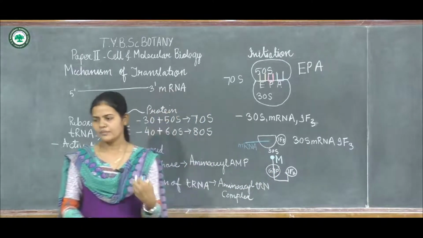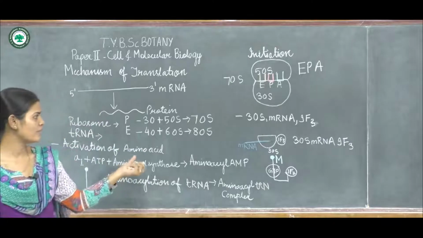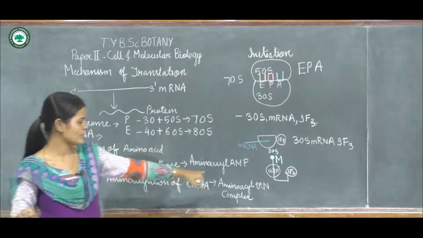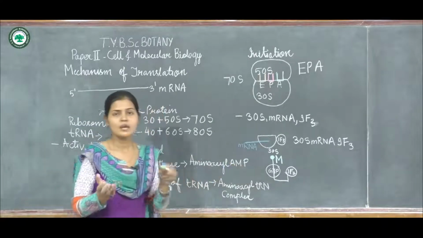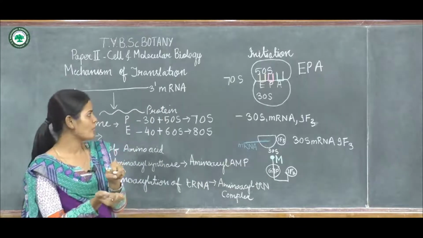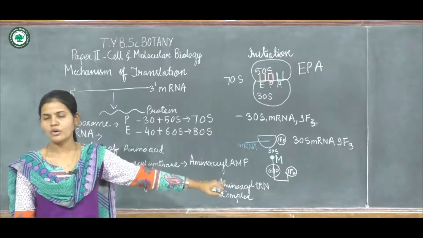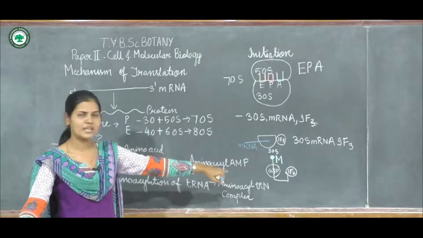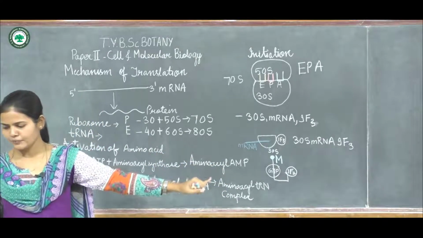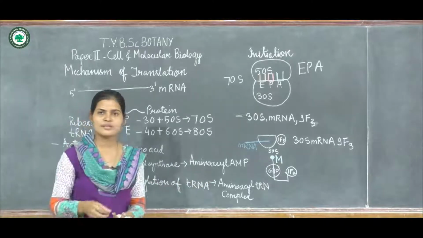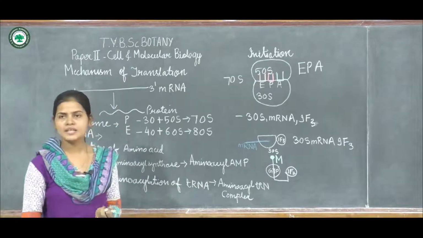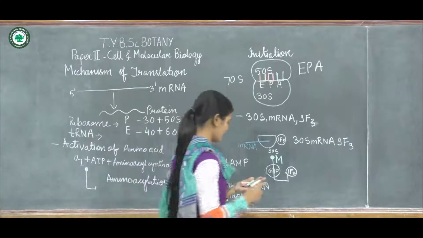So after this there will be binding of these two complexes, that is the 30S mRNA complex and the complex of initiator tRNA with GTP and IF2. Now this is called the pre-initiation complex.